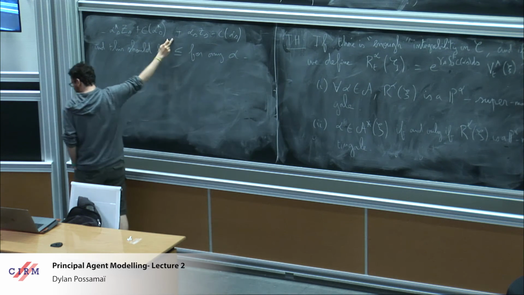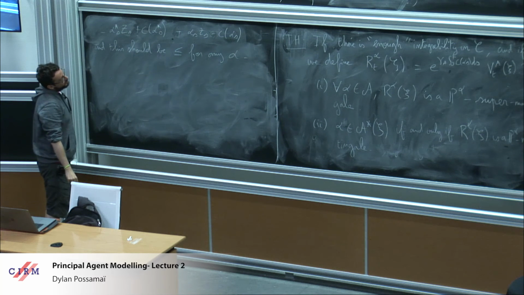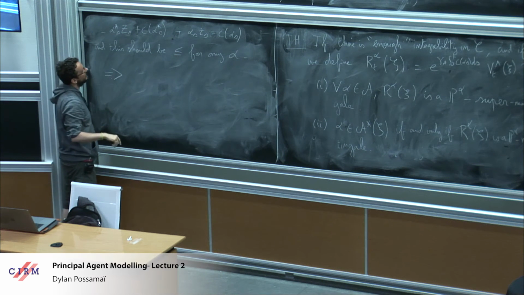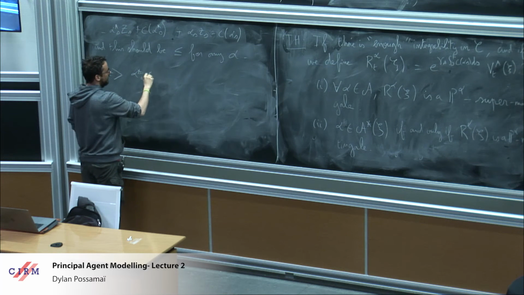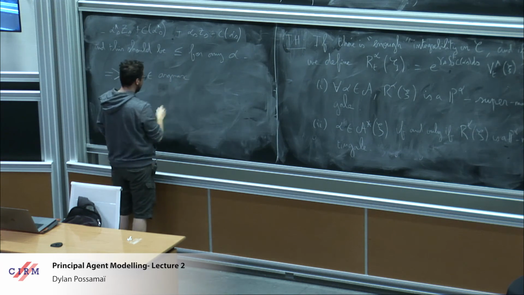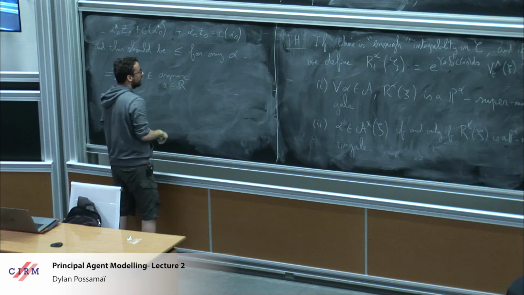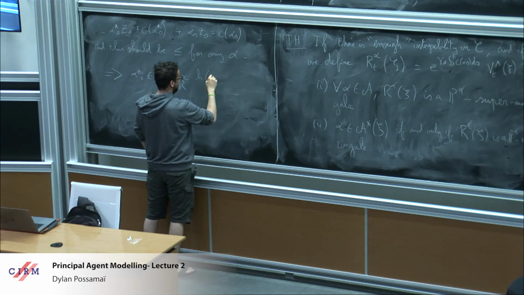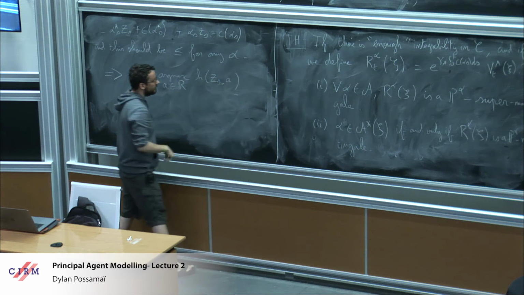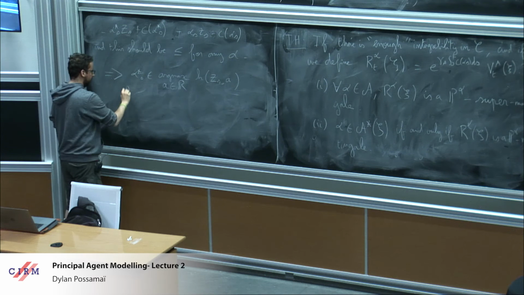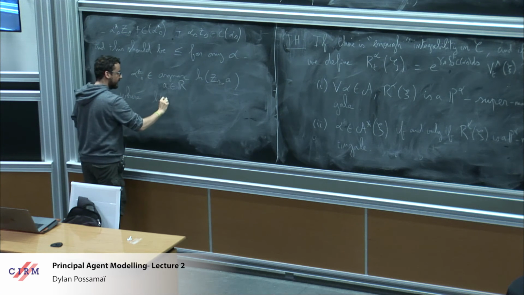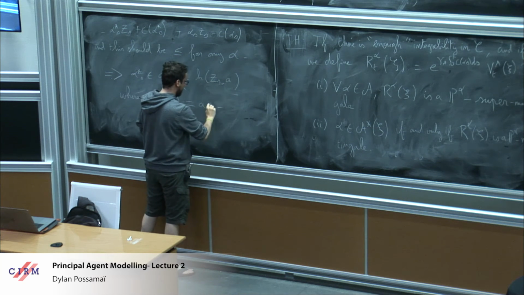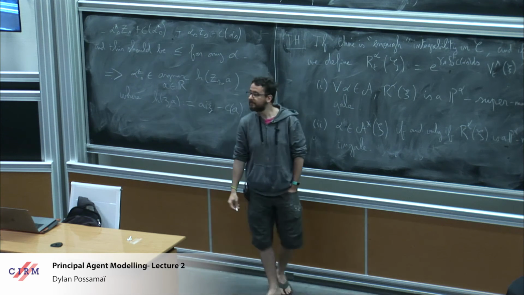Okay, now if we look at this, we should be able to claim that this implies that alpha star belongs to the argmax of some function that I'm going to call h, where h of z and a is az minus c of a, right?